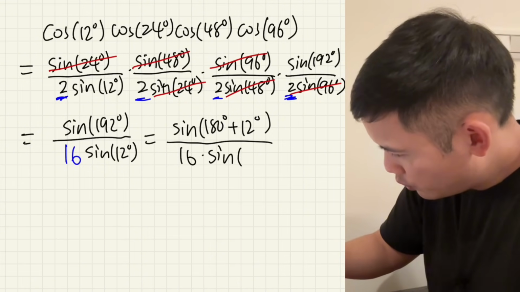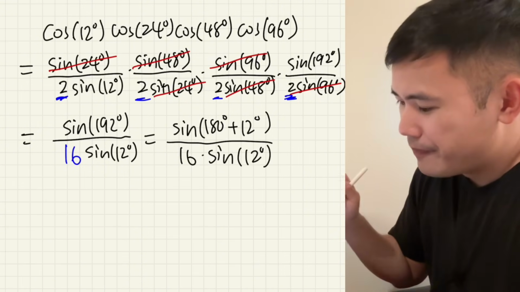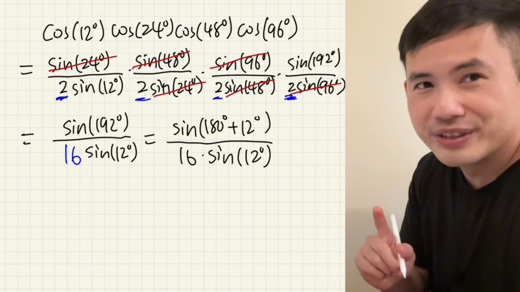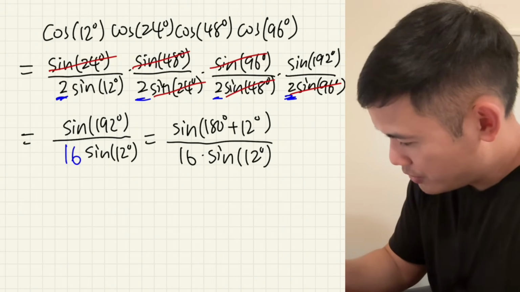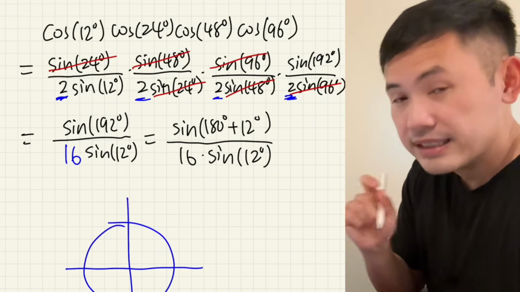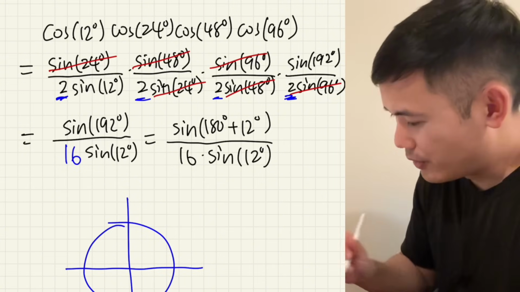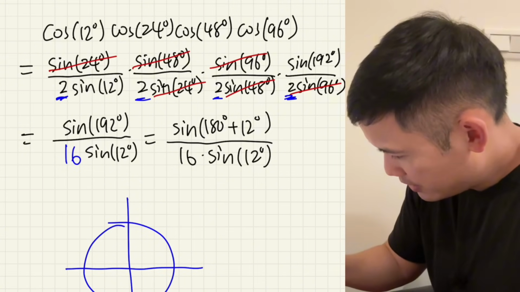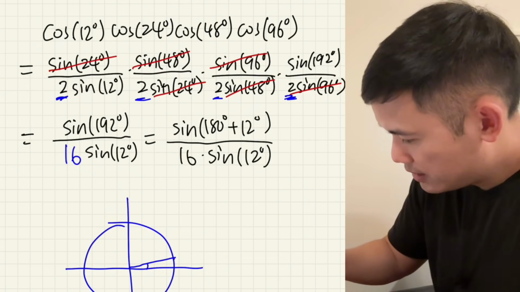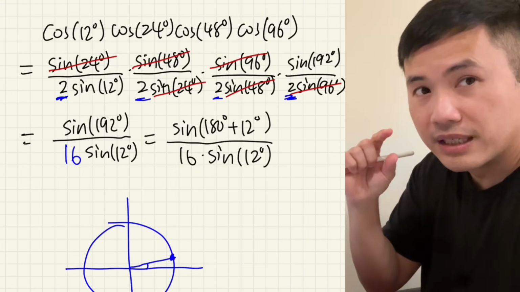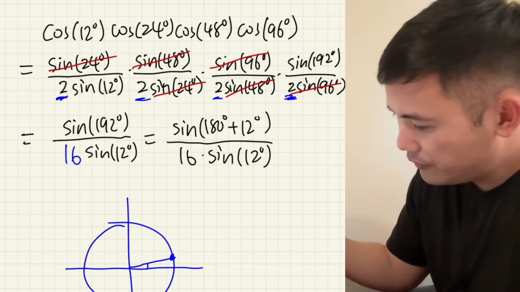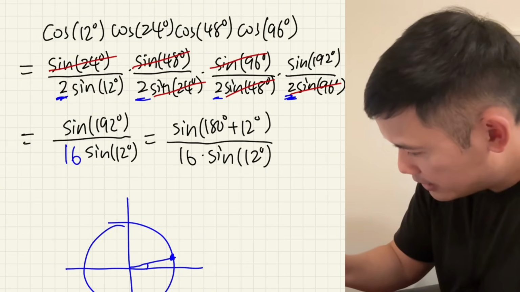Now, remember the unit circle. It's really, really useful. So here, let me show you. If you have a unit circle, sine is the y value on the unit circle. So let's say this right here is 12 degrees. Again, the y value is the sine value. If you add 180 degrees, then it's going to be right here.